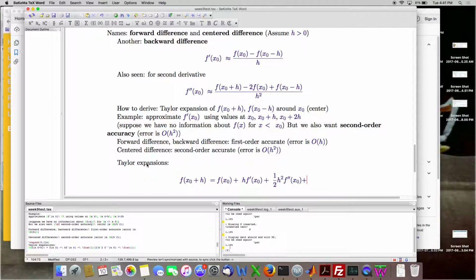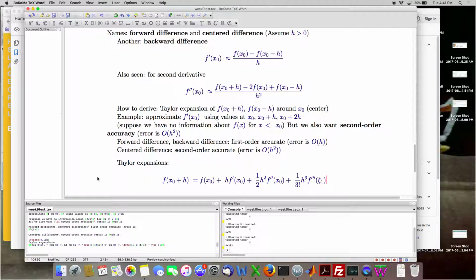If you go out too far, you can always cut back later. It's better to go out too far than not far enough. 1 over 3 factorial, which is 1/6 h cubed f triple prime at some unknown point. So this is my remainder term. So I'll evaluate it like C1. I'm calling it C1 because I'm going to have 2 Taylor expansions.